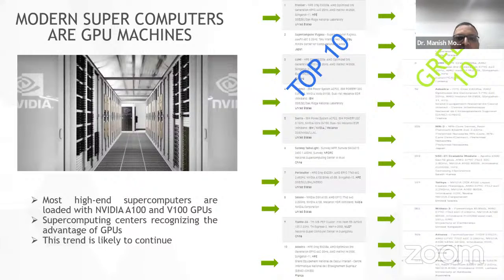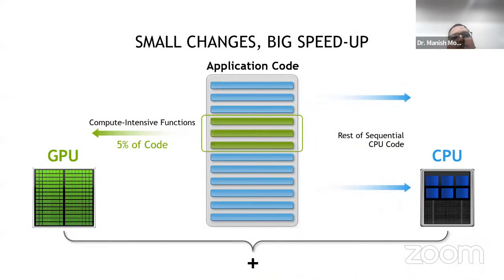And on the energy side, all 10 have GPUs. So they are good for energy saving, they give more speed up, and their use is increasing because they are easier to use day by day. More algorithms are being developed, more applications are being ported. So knowingly or unknowingly, we are using accelerated computing in our day-to-day life.